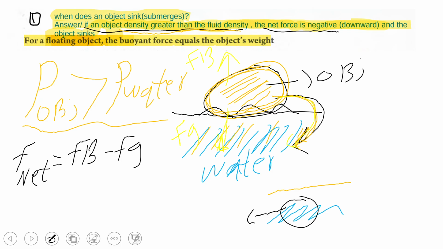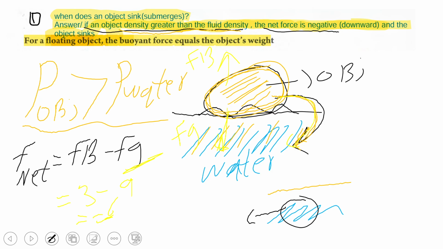So in that case, Fg has more value. For example, Fb is 3 minus Fg, which has more value, for example 9. And 3 minus 9 will be negative 6. That's why the net force will be negative.